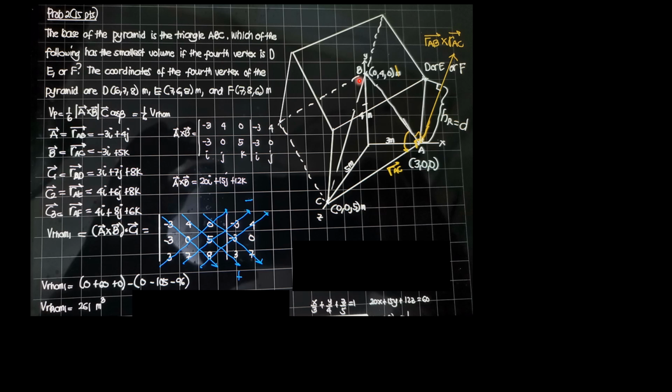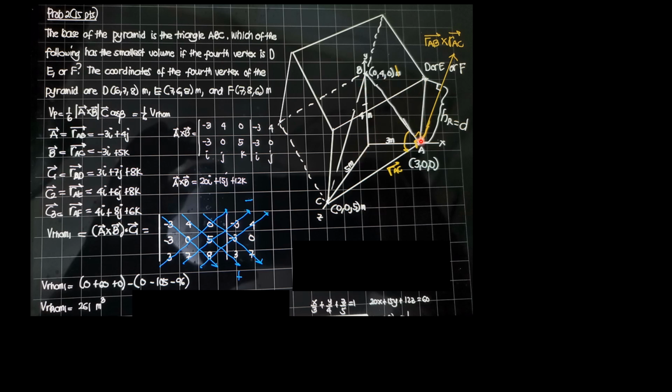So the one with the lowest volume would be the one with the lowest height, that is, the point closest to the plane of the triangle ABC.